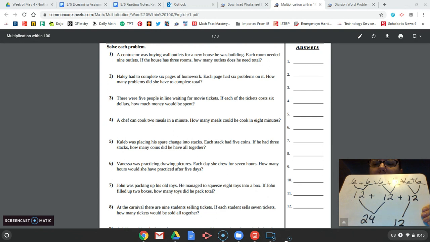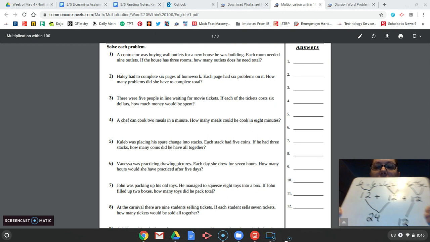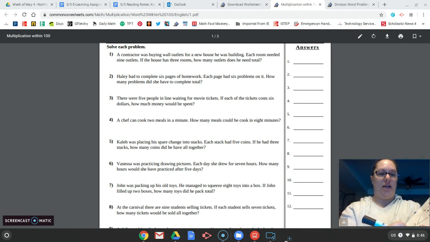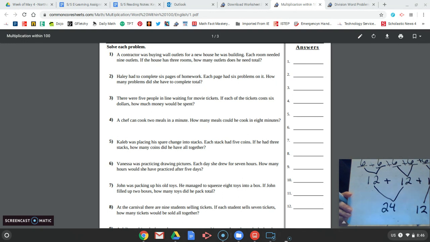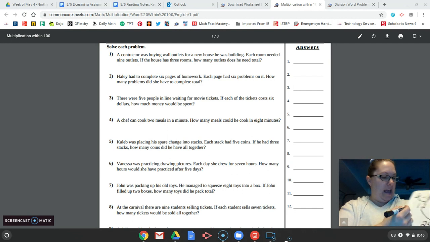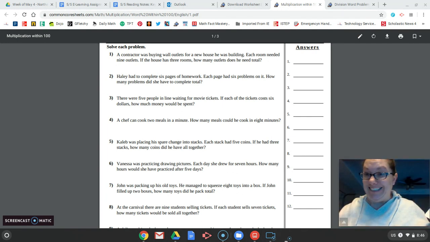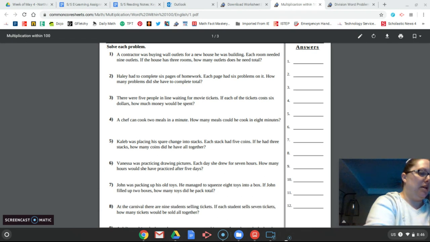All right, so I can add this in my head. 24 plus 12, add a 10, that would be 34. Add the 2, that would be 36. So it looks like our answer is 36. So when we do 6 plus 6 plus 6, 6 times, that is the same as 6 times 6. And our answer is 36. Okay? All right, let's look at another one.